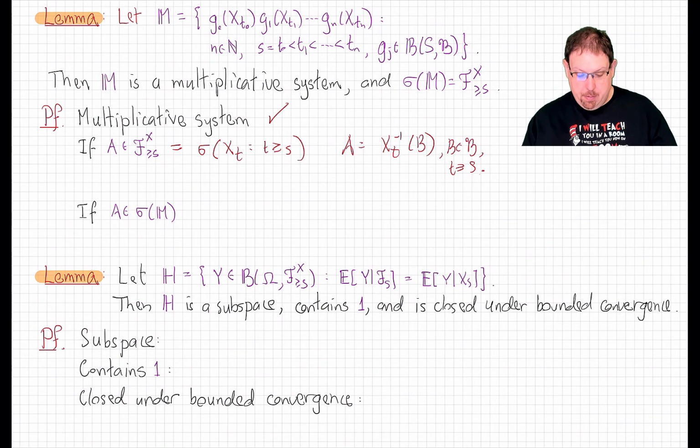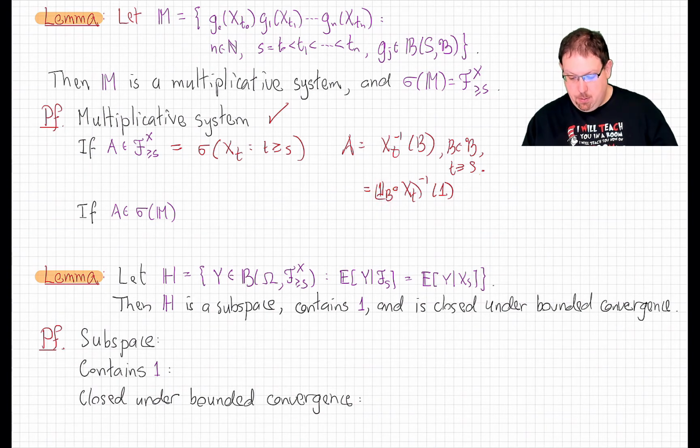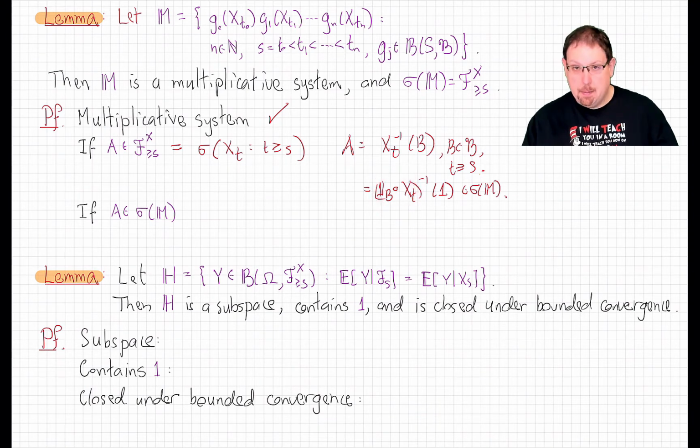I want to be able to represent that as something in sigma of M. Well, I can do that just by writing this as the indicator of B composed with X_t, preimage of 1. Because the indicator of B takes value 1 exactly on B. So that is in the sigma field generated by M, since this is a function in M. So that shows us that we have this containment here.